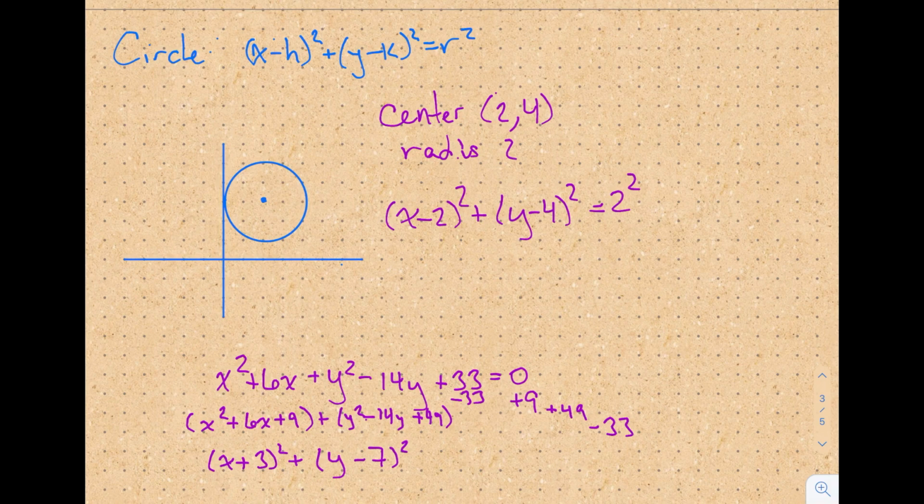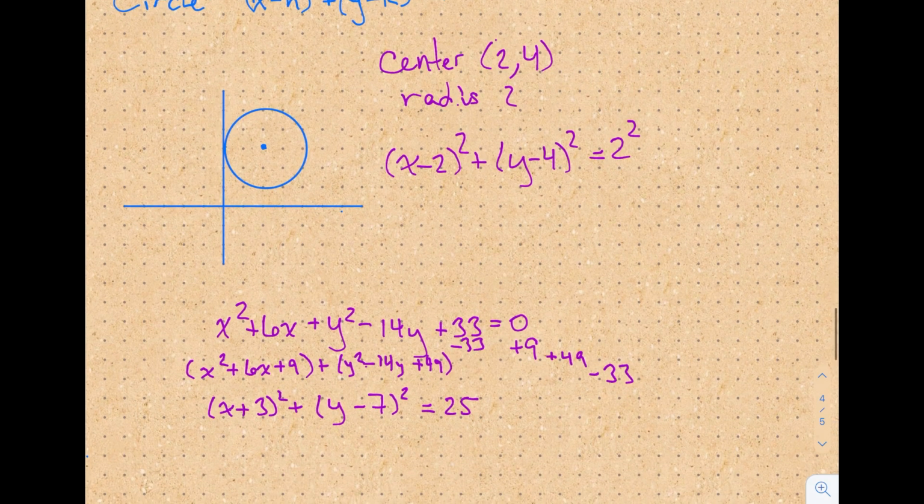So we have (x plus 3) squared plus (y minus 7) squared equals 25. So here's what that tells us about our circle. It's got a center at (-3, 7), and it's got a radius of 5.